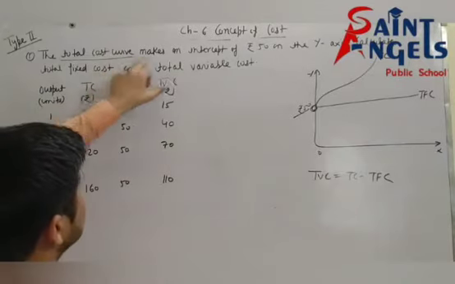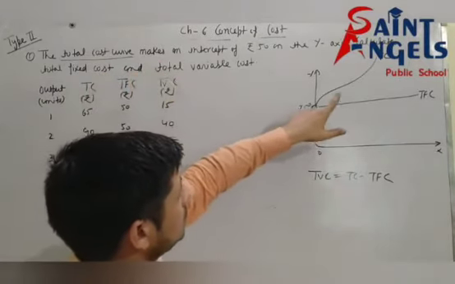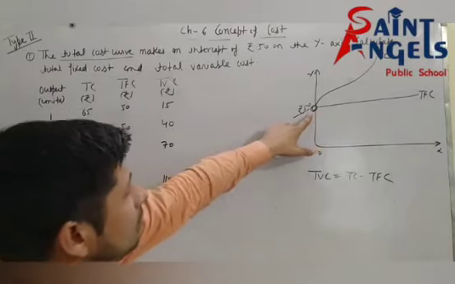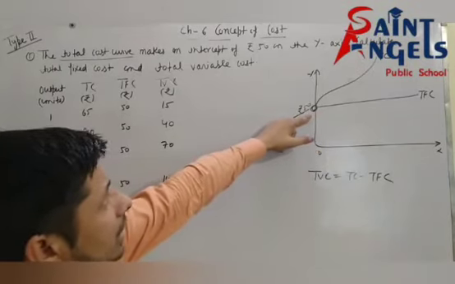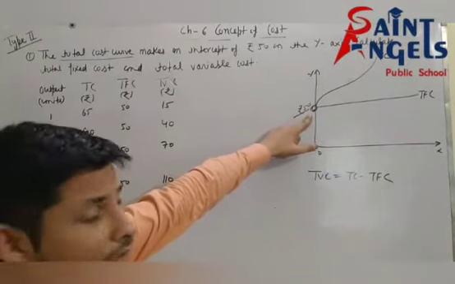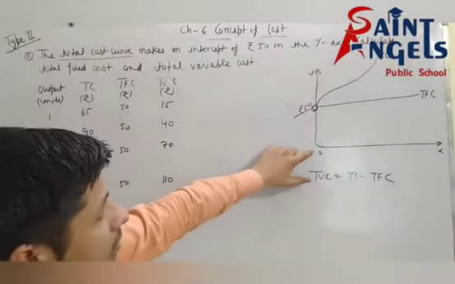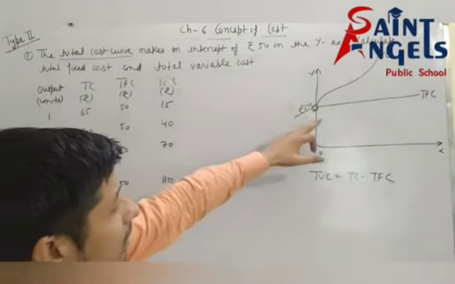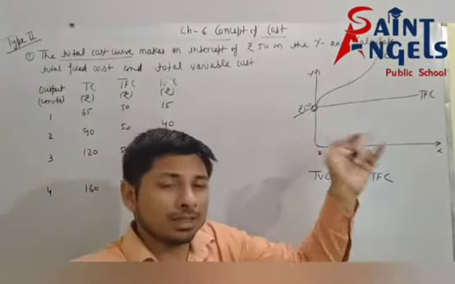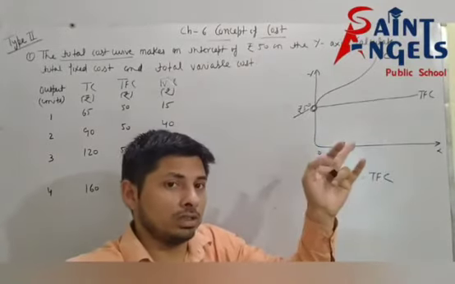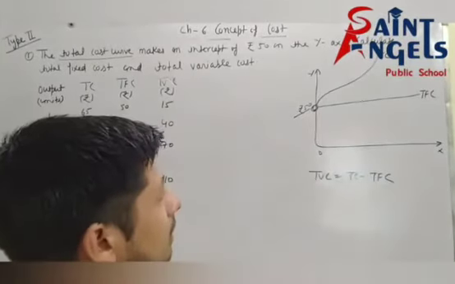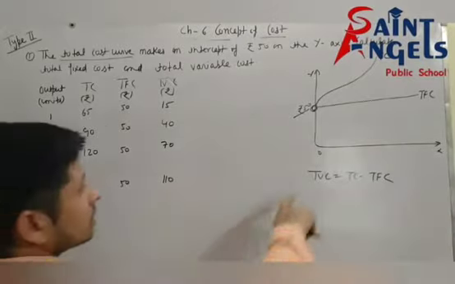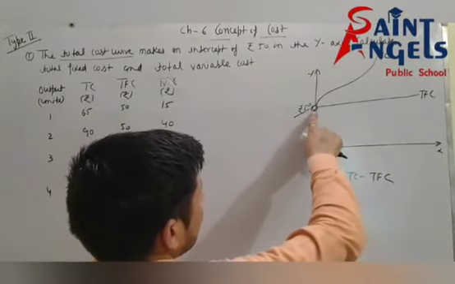According to this statement, the TC curve has an intercept of rupee 50 on the y-axis, and at zero level of output, TC and TFC curves start from the same point, which is above the origin, on the y-axis. So at this level of output, TC is equal to TFC.